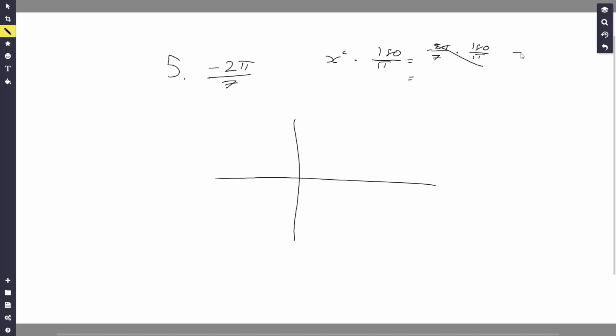So we're just going to get negative pi times 180 over 7, I believe. So that is pi times 180 over 7. Going to get about negative 80.7 degrees.